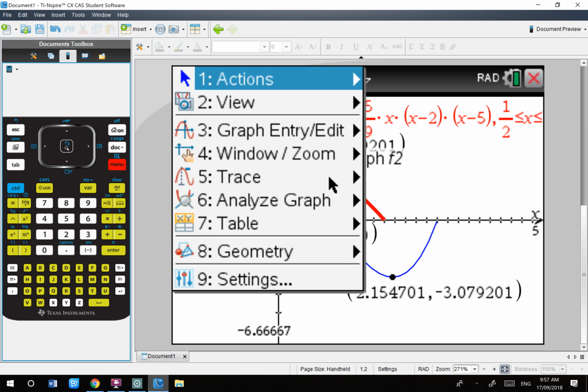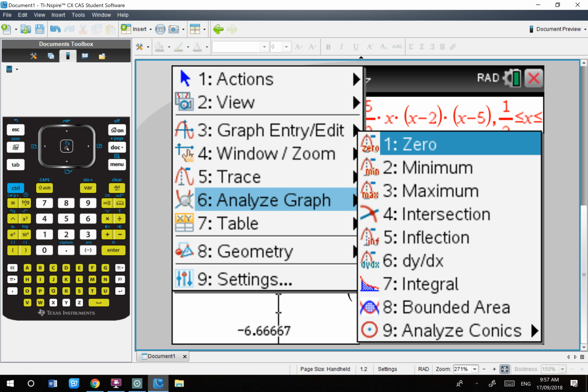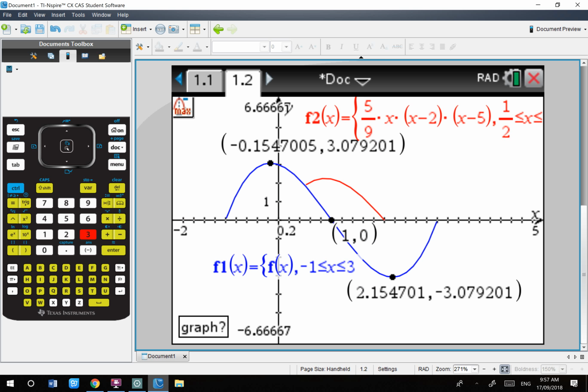So go to menu number 6, analyze graph, and look for maximum, number 3, maximum. Can you see the left hand corner is asking you graph, question mark? It asks you to tell it which graph you're looking for the maximum of. So you will move here to click on the red graph.